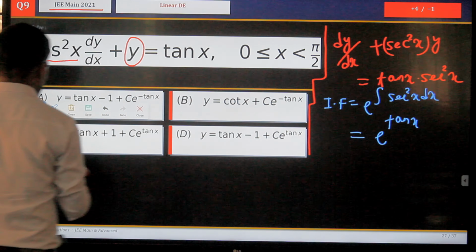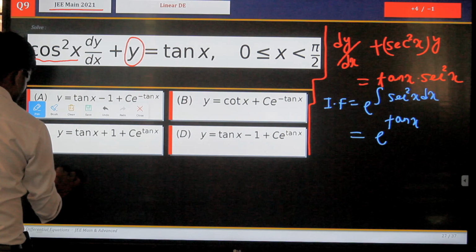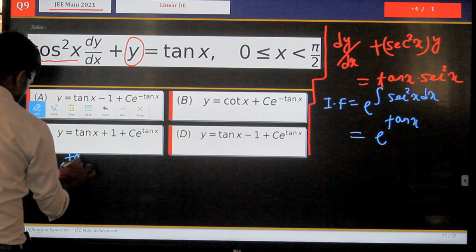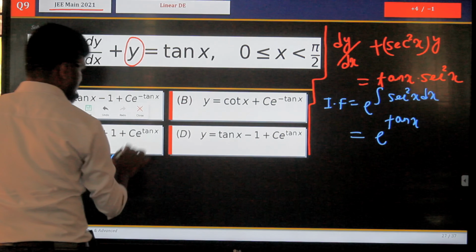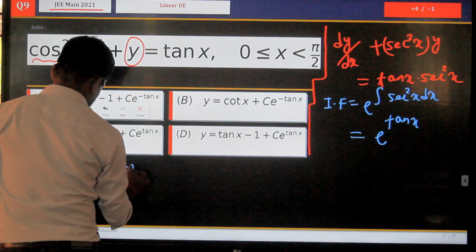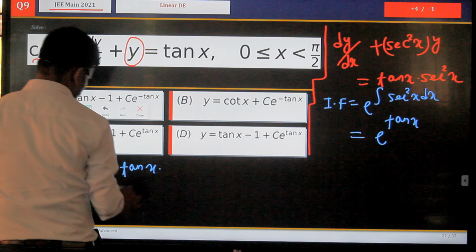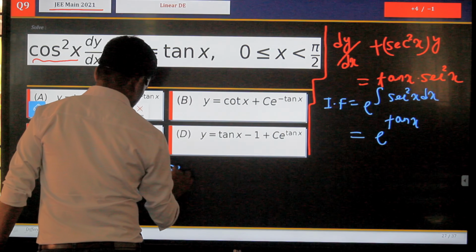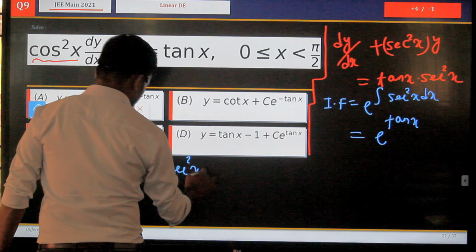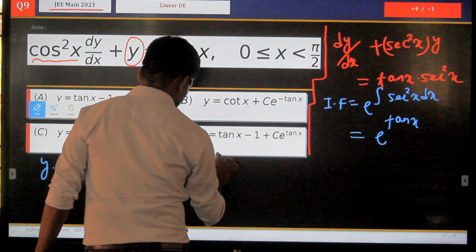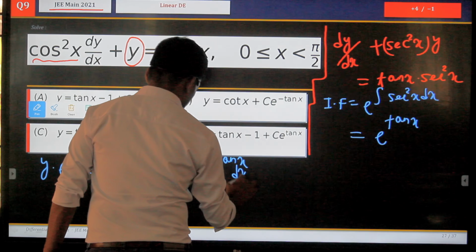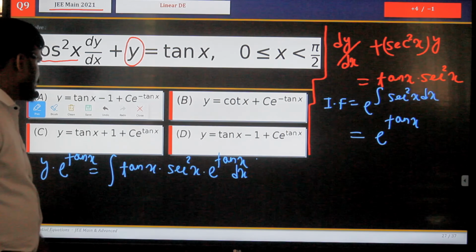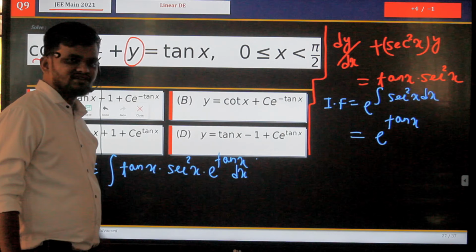After multiplying, this expression becomes y times e to the power tan x equals the integration of tan x times sec²x times e to the power tan x dx. Now we know the derivative of tan x is sec²x.